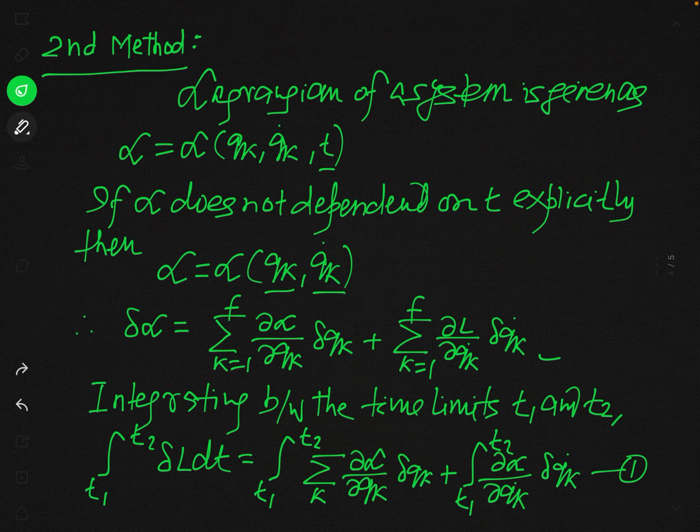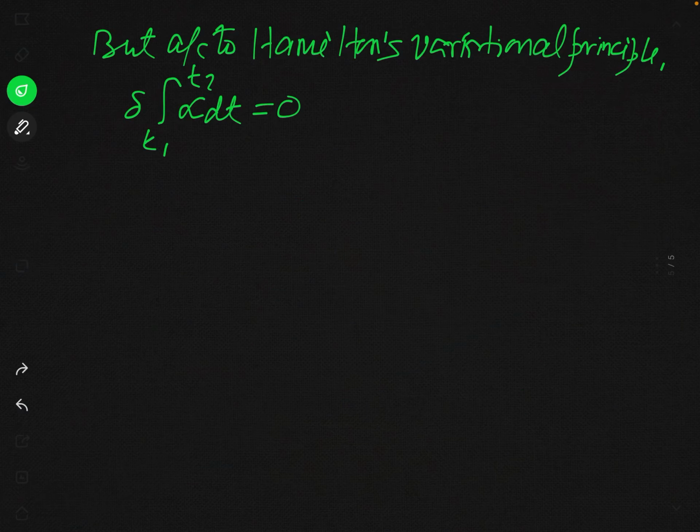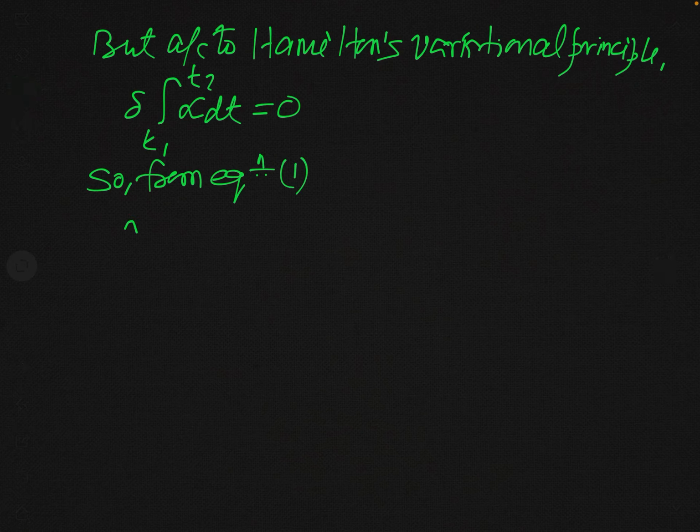So by the use of this equation 1, we can write that integral from t1 to t2 summation over k del L by del qk delta qk dt.